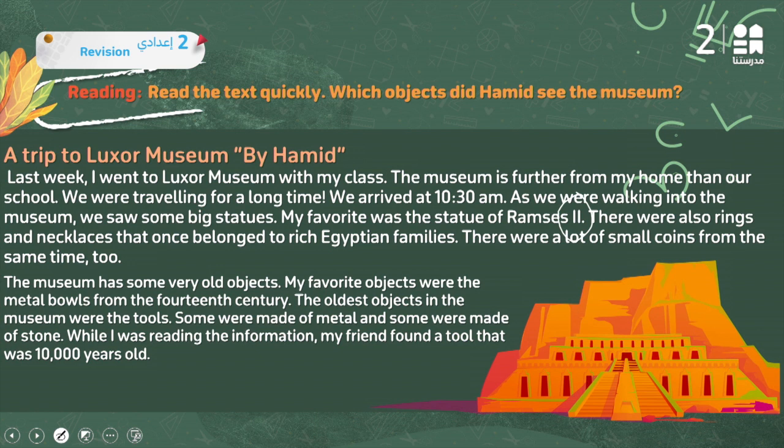Some were made of metal and some were made of stone. يعني معظمهم كان معمول من الميتال and الستون الحجارة. While I was reading the information, وأنا بقرأ information, my friend found a tool that was 10,000 years old. يرجع تاريخها ل 10,000 سنة قبل 10,000 سنة فاتوا.